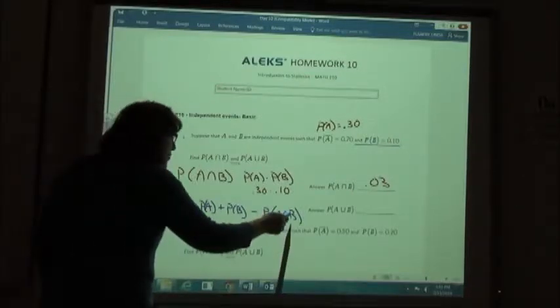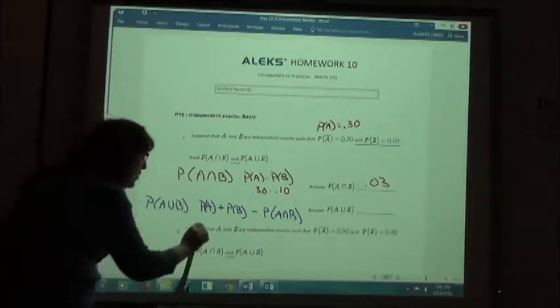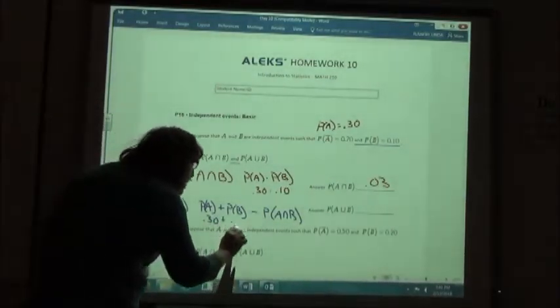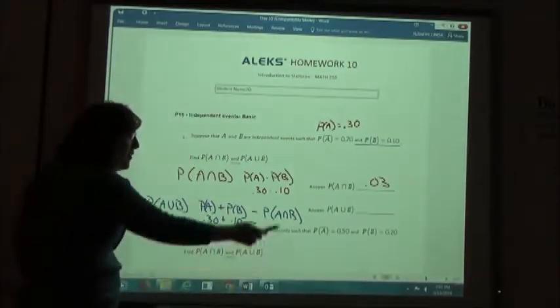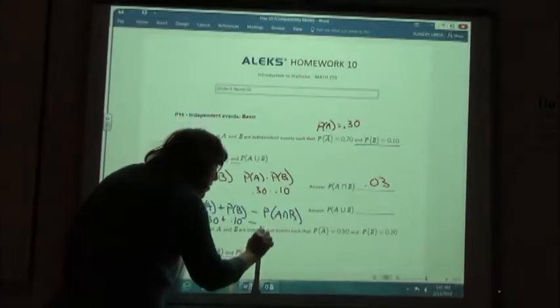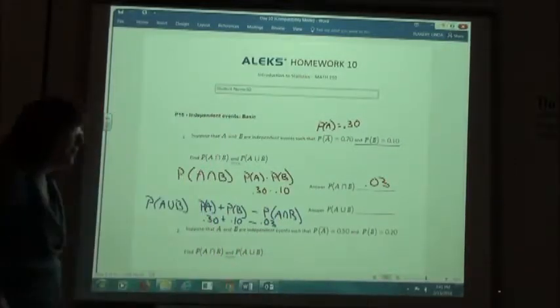And so to figure this one out, the probability of A was 30% plus the probability of B was 10%. I'm going to subtract the probability of A and B, which is what we found up here, 0.03.